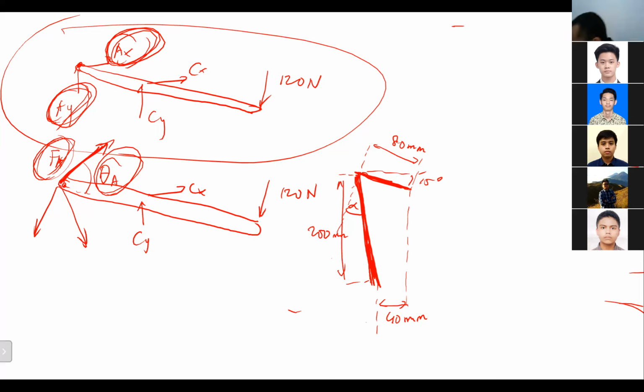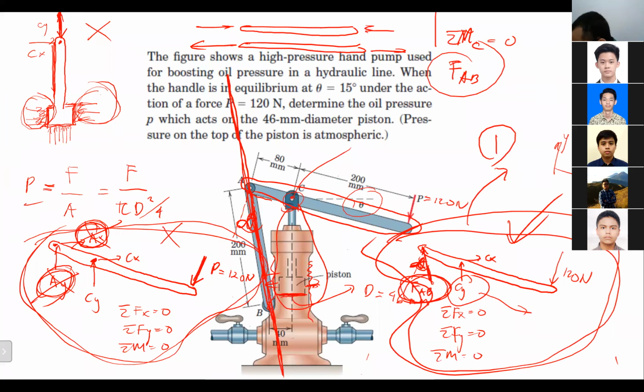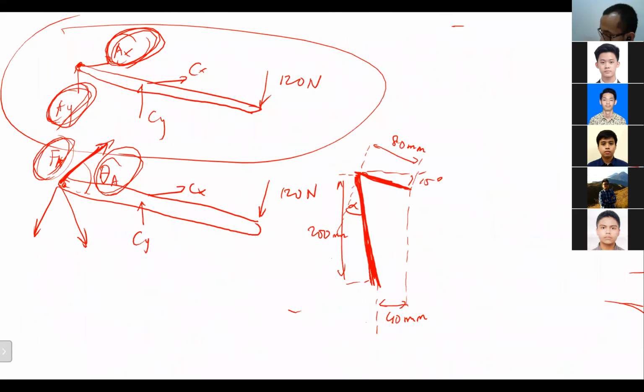How can we get it? I drew it for you to solve: 200 millimeters, 80 millimeters, and 40 millimeters.